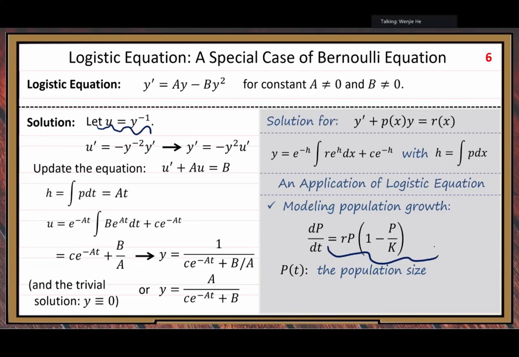But based on the statistics of real-world populations, it's not like that.